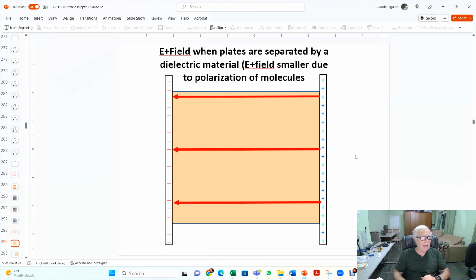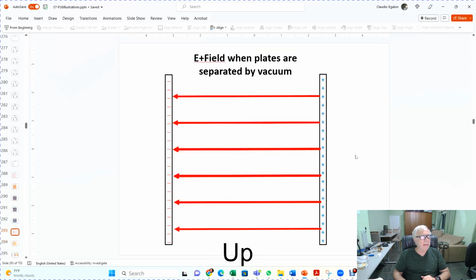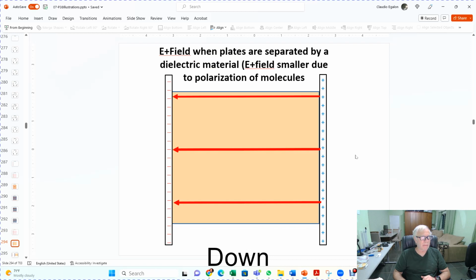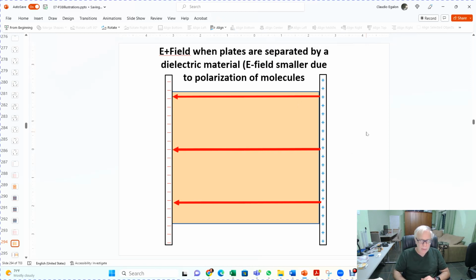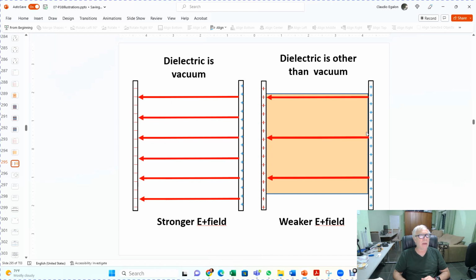That's why the arrows are a little bit more widely spaced. That's what you must have in mind. Once you realize that, we can start to build up a theory that explains what happens inside a capacitor with a dielectric material.